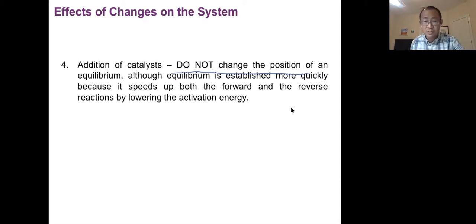Two things don't change: inert gas or catalyst. Again, catalyst increases both the forward pathway and reverse pathway equally. So in the end, they're still equal. It's just both are faster. But equilibrium position does not change.